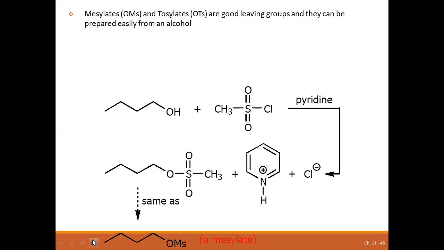So how do we derivatize this one? It is the same way as we did with SOCl2.